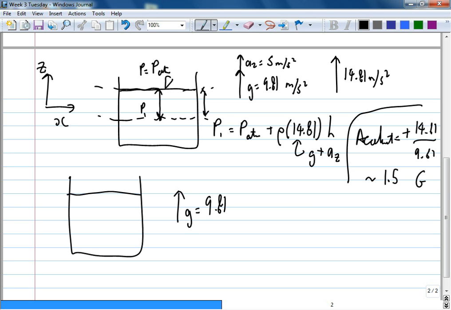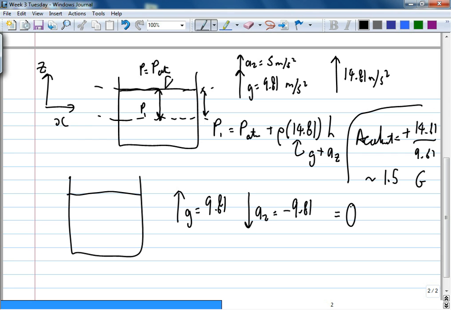Or sometimes the lift door opens but the lift car is not there. Make sure you don't walk inside, but sometimes people do. Okay? So, in that case, your AZ is equal to minus 9.81.